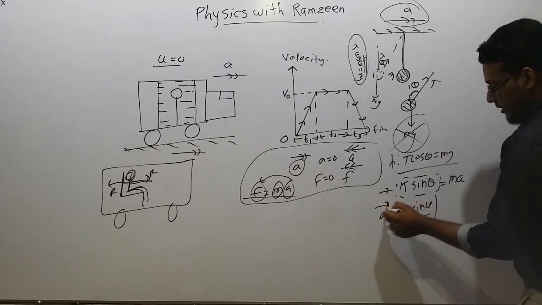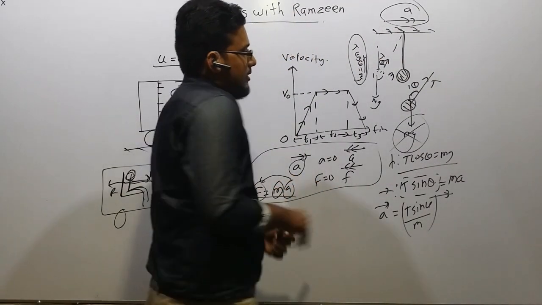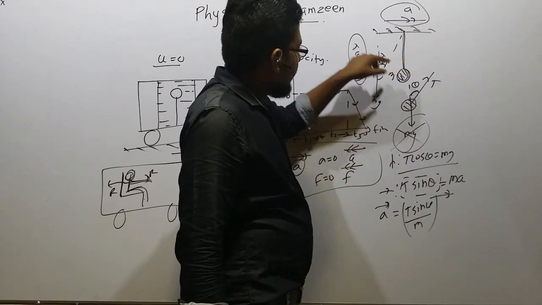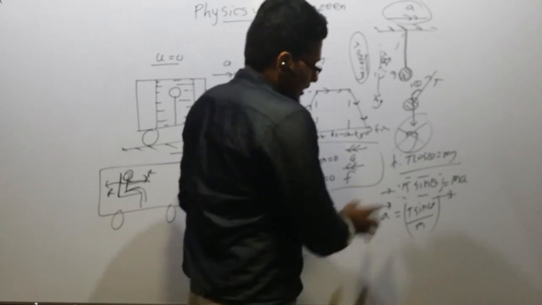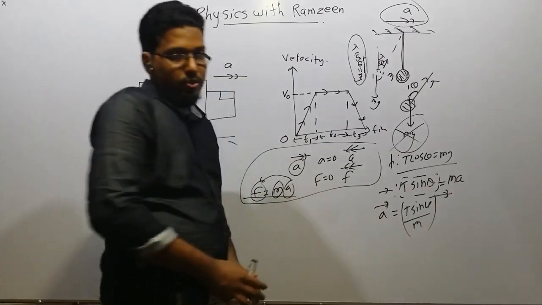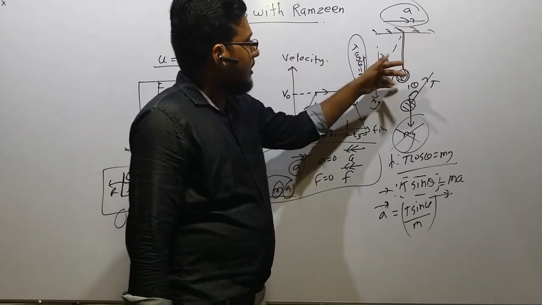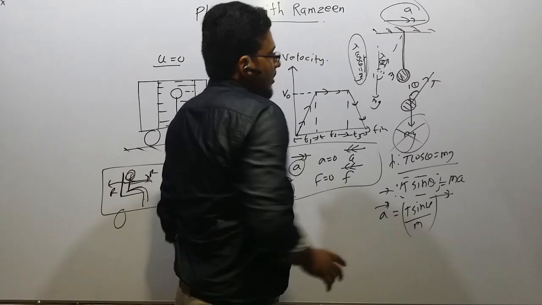Then I can find out that's the reason the position of the mass comes to this position, because the T sin theta value is the resultant force. So the resultant force should be acting on the body in the given direction. That's why the position comes to this one.